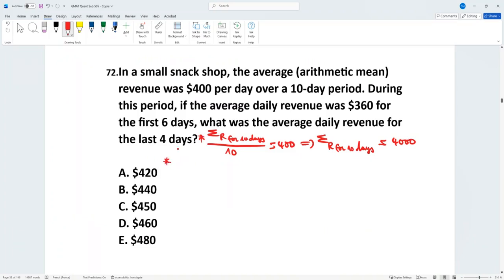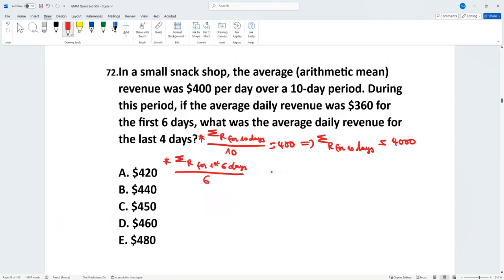The second one, from what the prompt says, we can put this operation. So the sum of the revenues for the first 6 days, those first 6 days out of the 10 days, divided by 6.